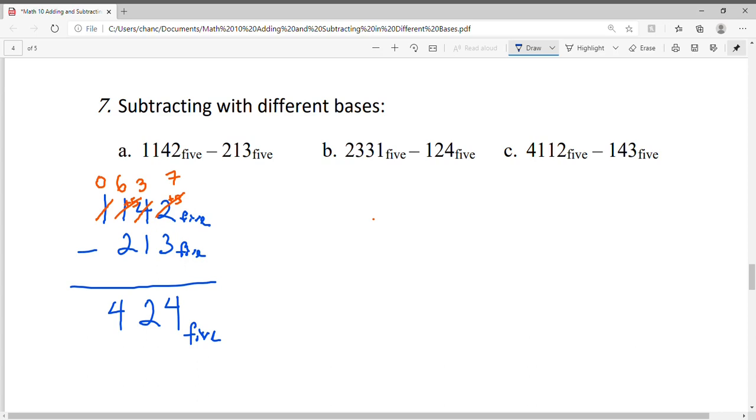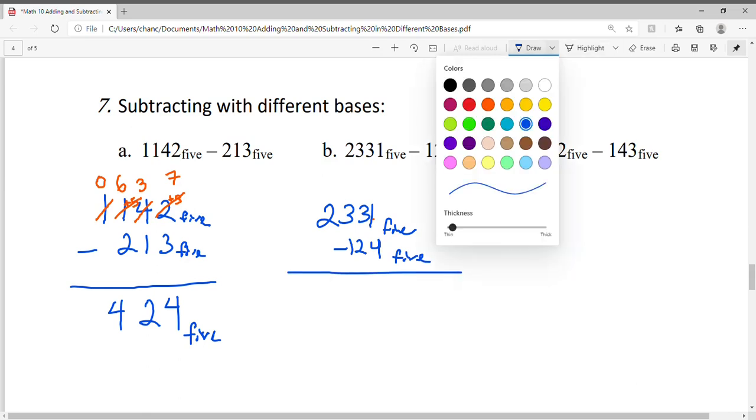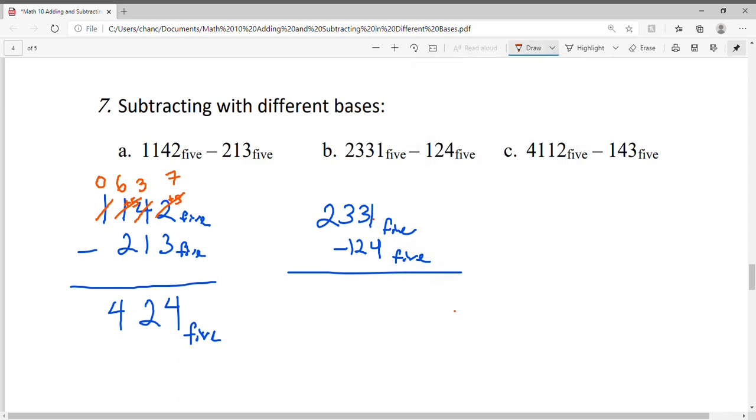Let's try that again. We have 2, 3, 3, 1, base 5, subtracted by 1, 2, 4, base 5. I know that I cannot take away 4 from the 1, so we'll have to borrow from the 3. The 3 reduces to a 2.